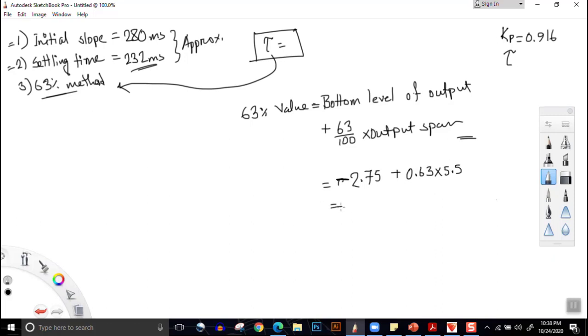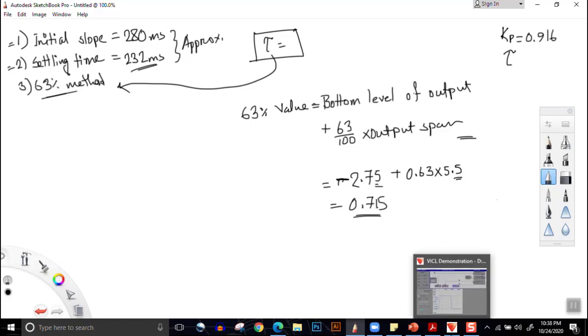If we make this calculation, 0.63 into 5.5 minus 2.75, the value that it gives is 0.715. It is to be noted that this is also volt, this is also volt. So the 63% value is actually 0.715 volt. This is not the time constant.